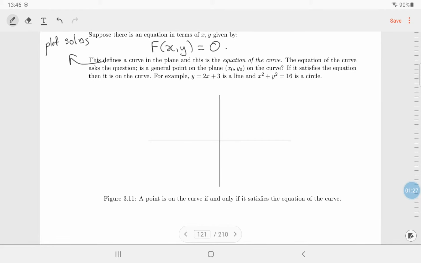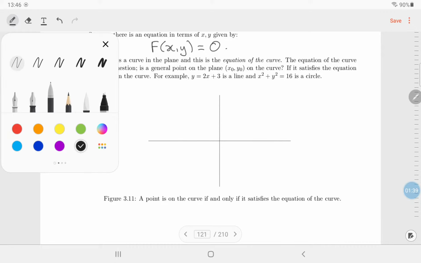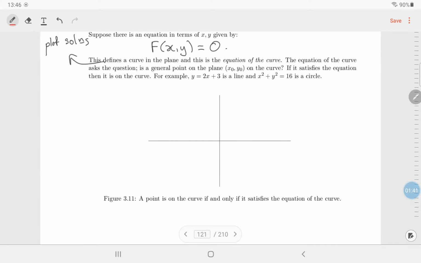So two examples are y equal to 2x plus 3. If you want to put it in that form, you can do 2x plus 3 minus y equal to 0. And the other one would be x squared plus y squared minus 16 equal to 0. So two examples, y equal to 2x plus 3, which might look something like that.